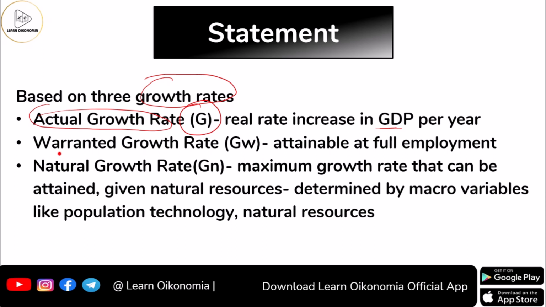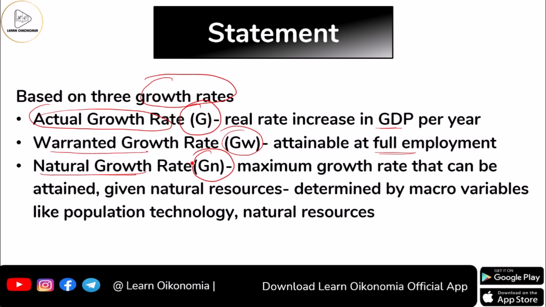Moving to the second growth rate, that is called the warranted growth rate. You represent it as GW. It shows the growth rate that you can attain at the full employment level in the economy. The third growth rate is called the natural growth rate, and this is represented as GN.